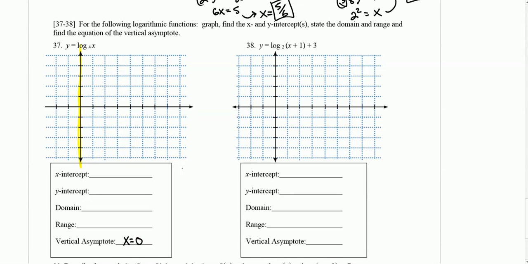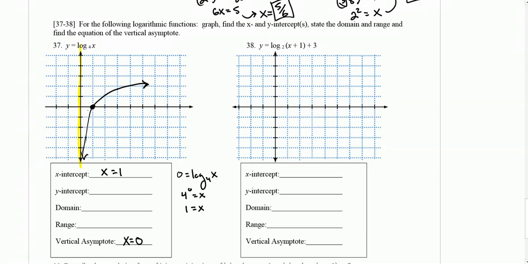Also, we can find the x-intercept by plugging in 0 for y and solving for x. So 4 to the power of 0 is x, so our x-intercept is at 1. I'll put a point there. And this is a positive log function, so it's increasing. So that's what our graph looks like.